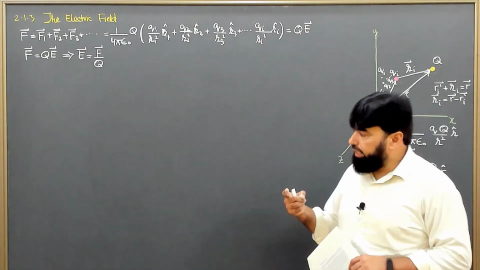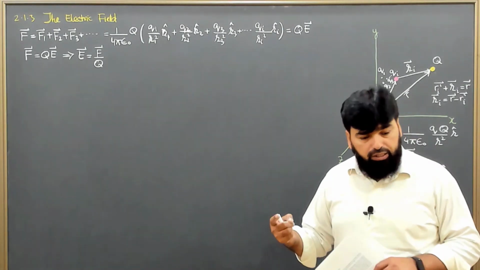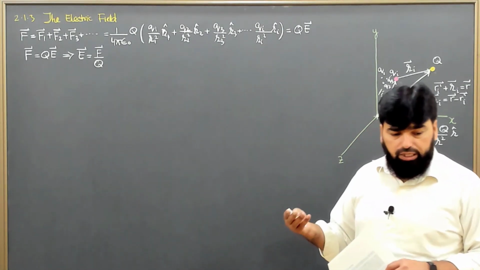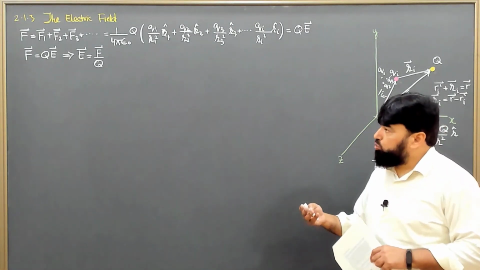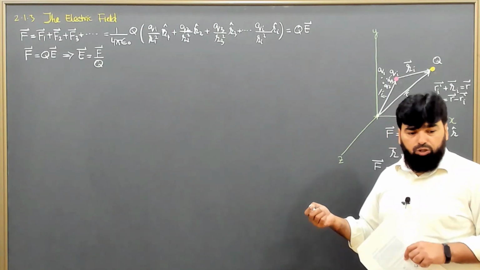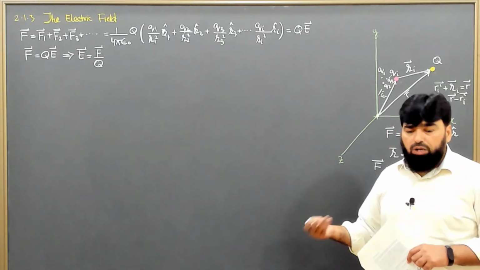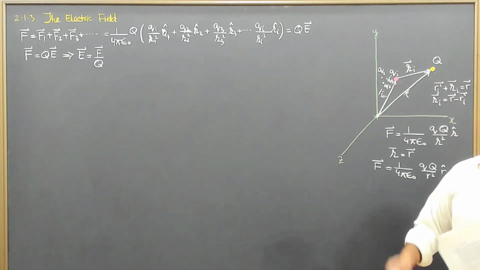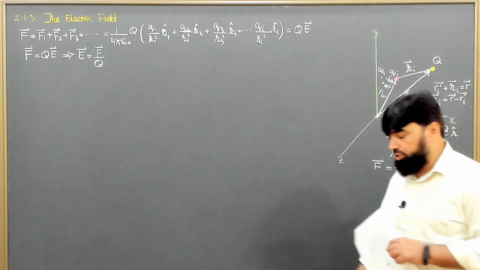So field is basically a fundamental or a physical thing, and after the field comes the interaction with its entity. Whether the entity is mass, then it will be a gravitational field, or it's a charge, it will be an electric field.